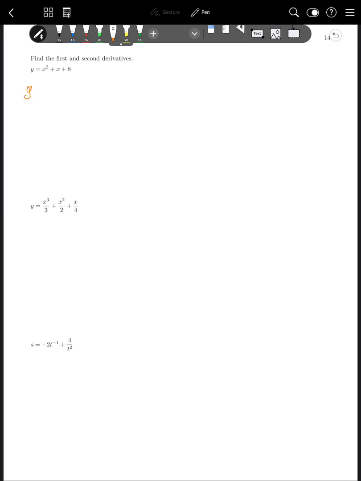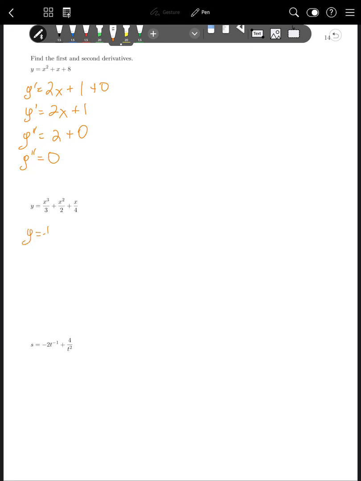Okay, so for this first one, y prime, the derivative of x squared is 2x. The derivative of x is 1, and the derivative of 8 is 0. So y prime is 2x plus 1. And then for y double prime, derivative of 2x is 2, derivative of 1 is 0, so y double prime is 0. Okay, same one here.